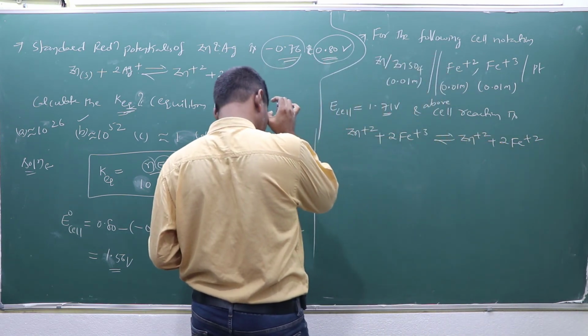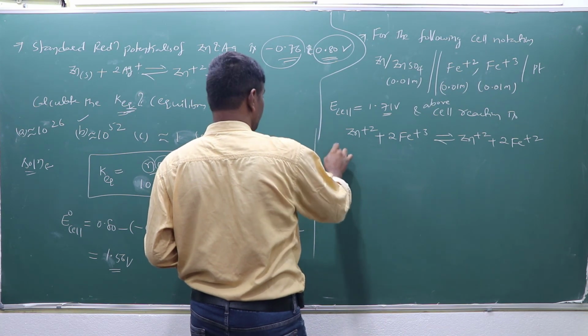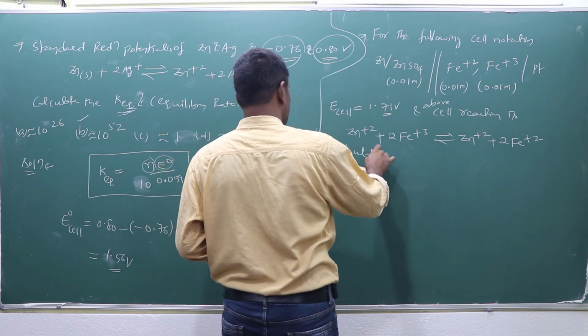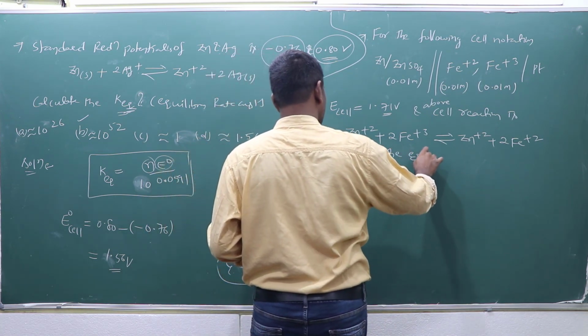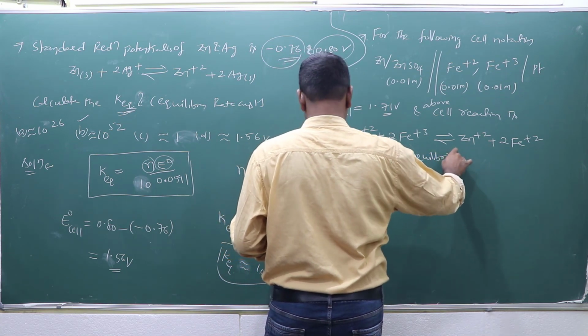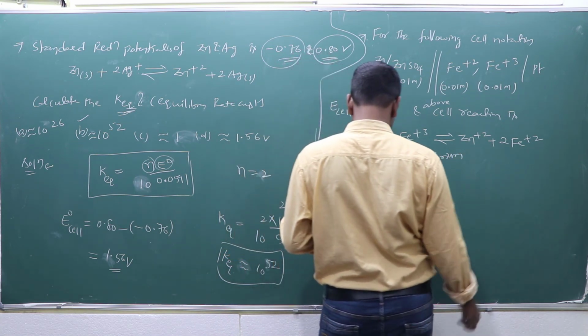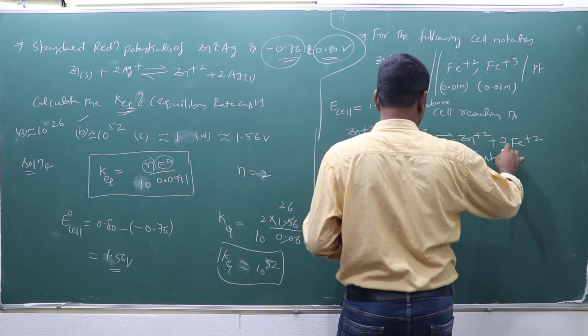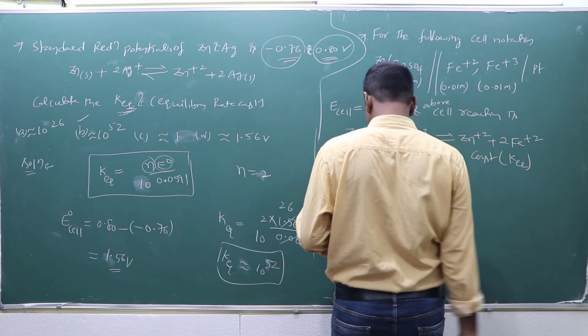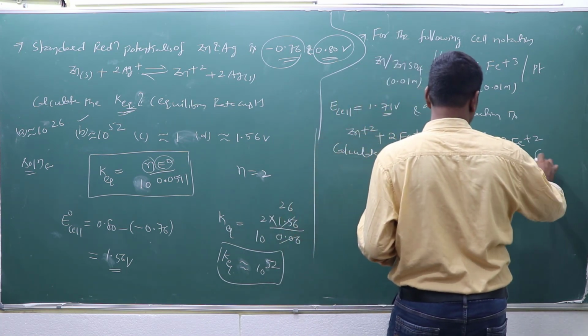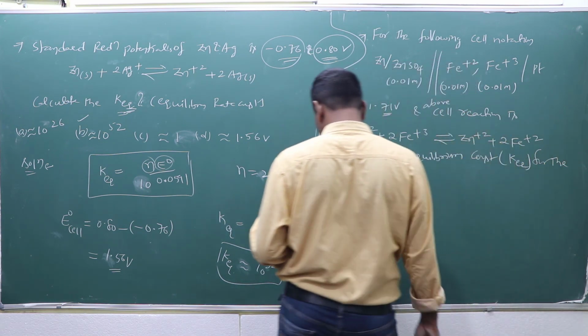Calculate the equilibrium constant, or equilibrium rate constant, for the above cell.